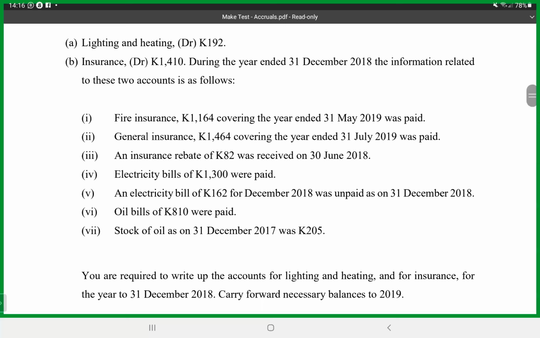The prepayment that they made is for the year ending in May of the other year. So there is already the other part that has already been incurred.